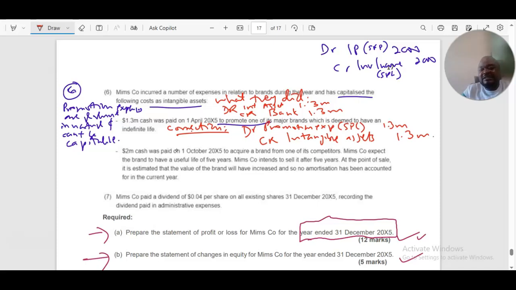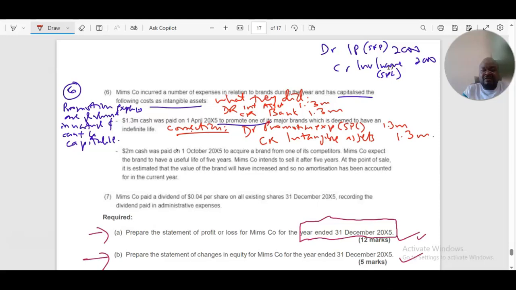2 million cash was paid on 1 October 2025 to acquire a brand from one of its competitors. Mims company expects the brand to have a useful life of 5 years. Mims company intends to sell it after 5 years.